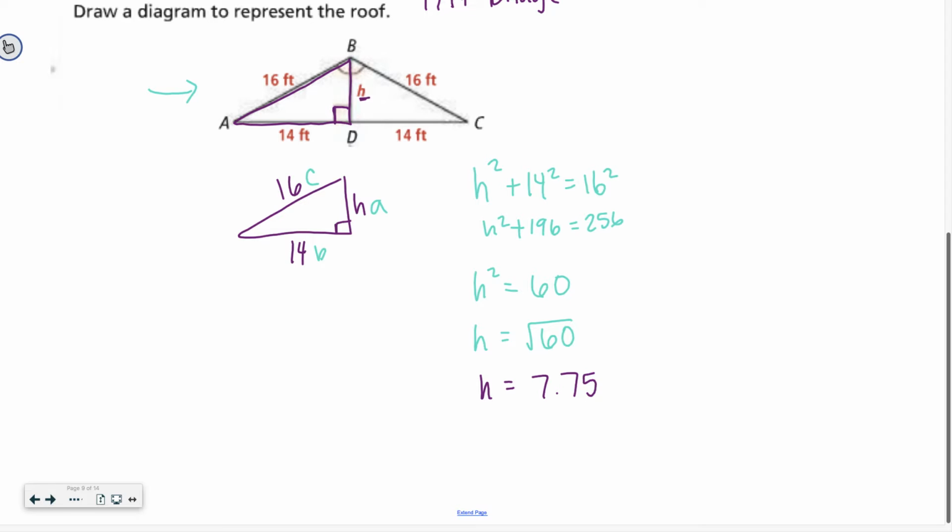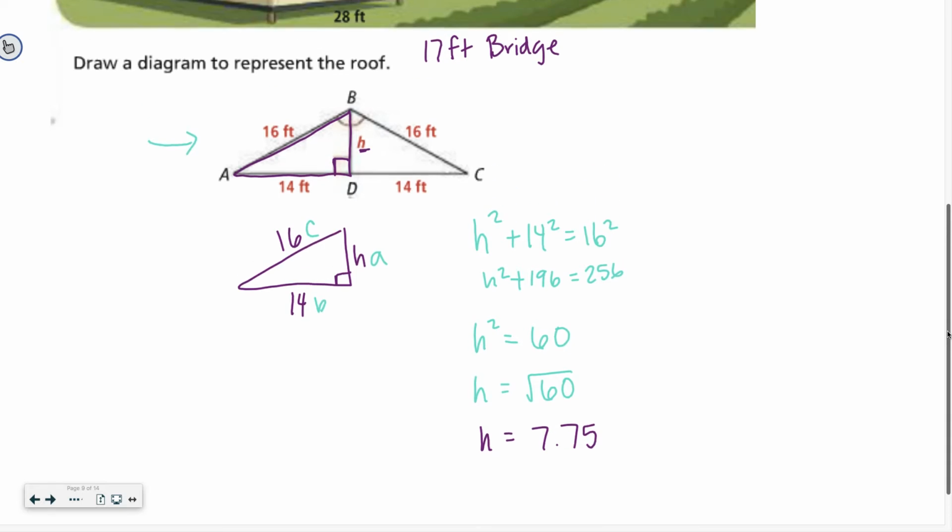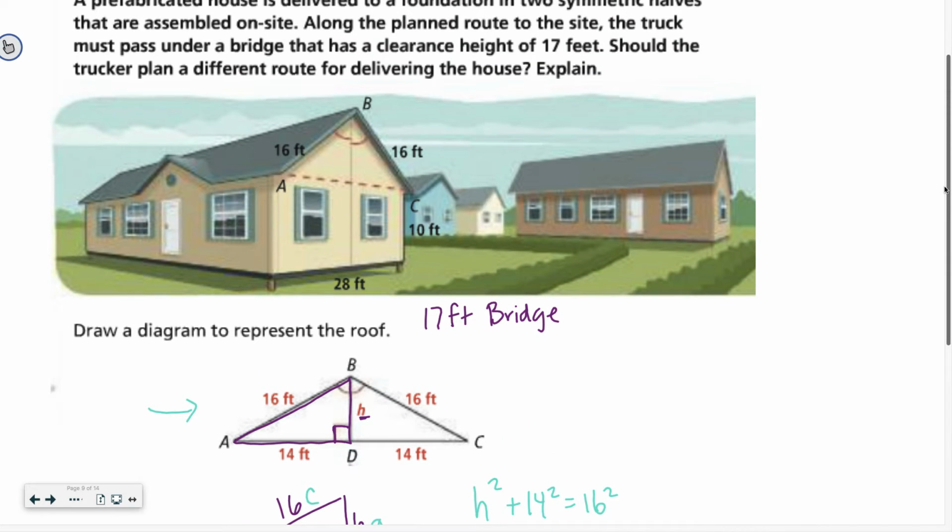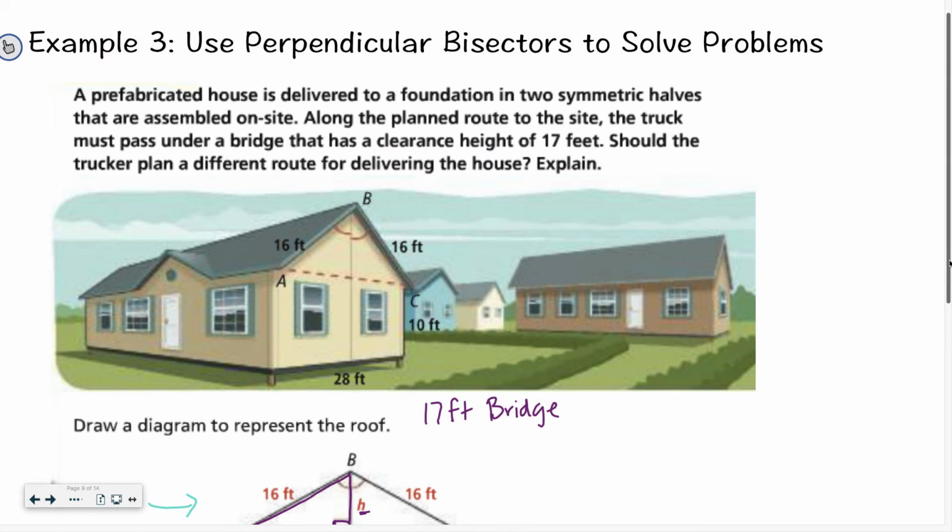And if we try to figure out the height of the entire house, so that's just the roof part, right? So that was 7.75. So here I have 7.75, and that just covers this distance. But then I also have this distance of the house, which is 10 feet.